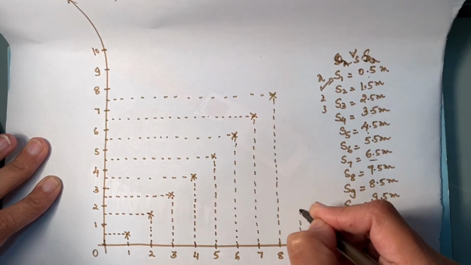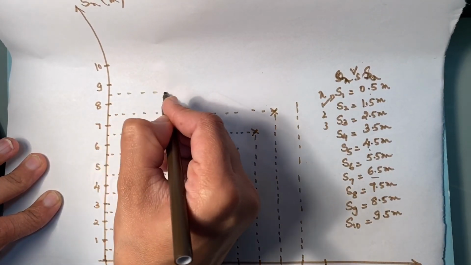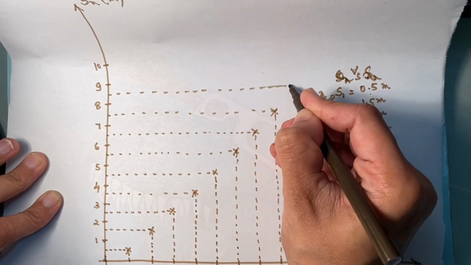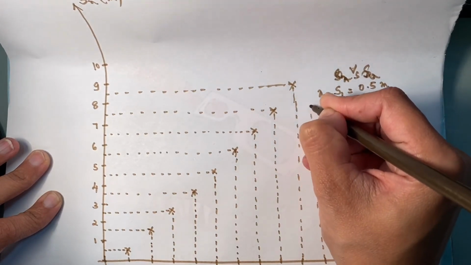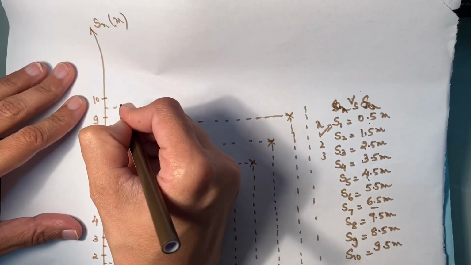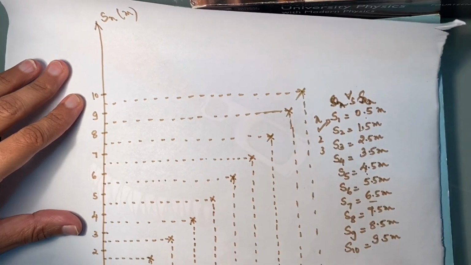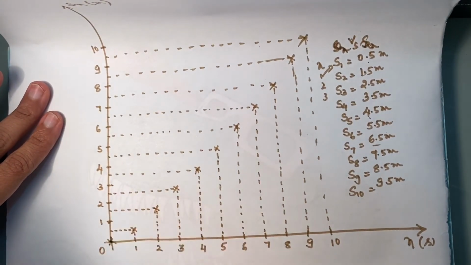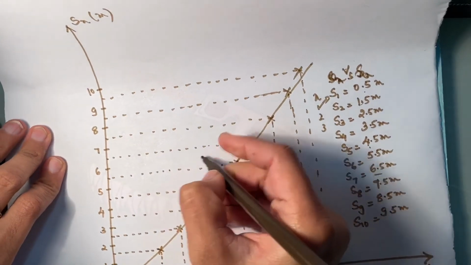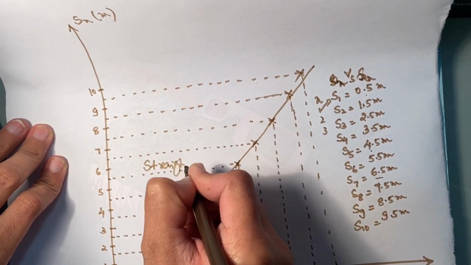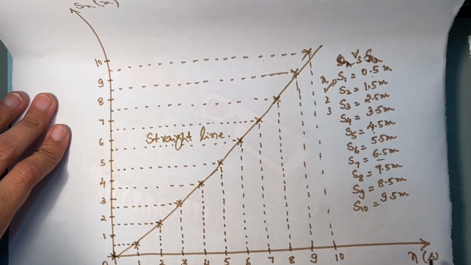So finally, when n is 9, it was 8.5. Seconds, you get it as 9.5. Right? And it also says the object starts from rest. So when n was 0, it was 0. Now if you just join these points with a scale, you get a straight line. So it is a straight line, you don't get a parabola. So this will be the plot of the distance covered by the vehicle in the nth second versus n.